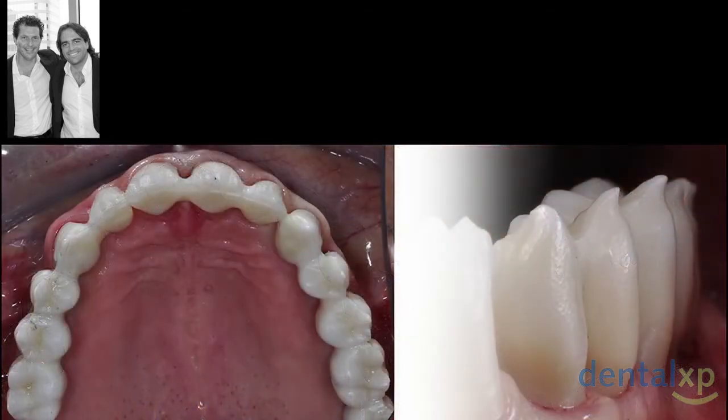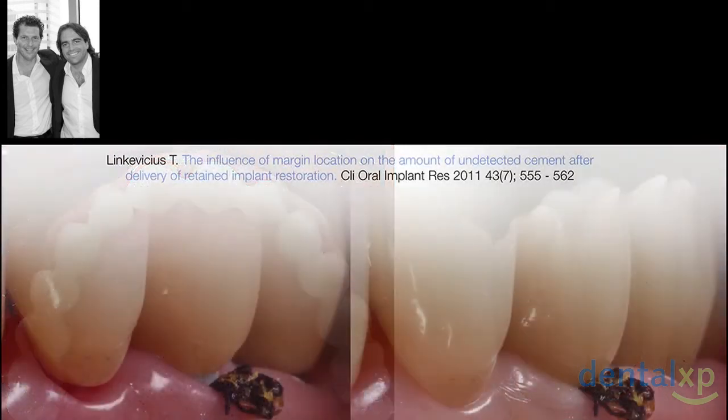We digitally copied the function, and now we are replicating it with the monolithic material, leaving only 0.6 millimeter for the layer of porcelain. Each detail is important during the treatment plan, and so also the cementation phase. Don't forget, if you have the possibility, to pack a cord around the abutments in order to remove the cement more efficiently.